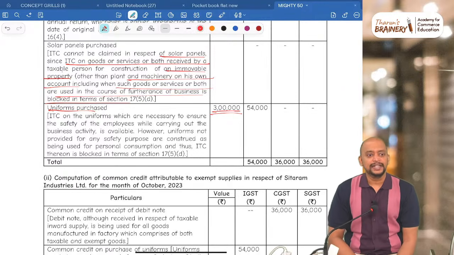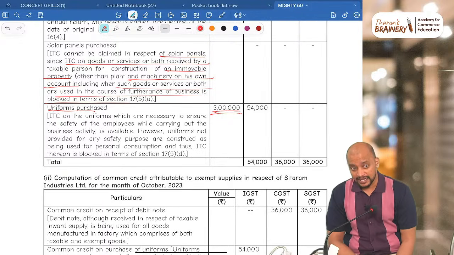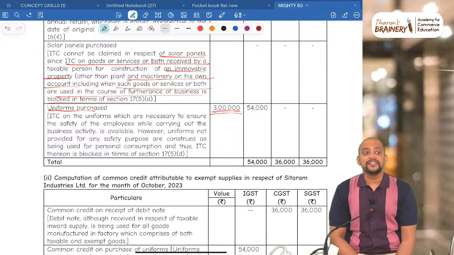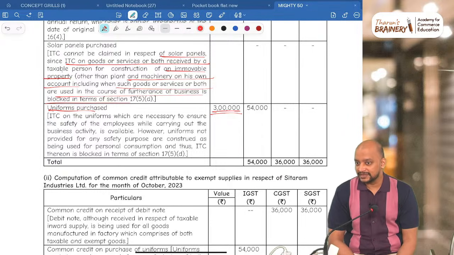What they do is give t-shirts to the employees and the employees will be wearing them. And if they mandate that you have to wear it every Saturday, then it will come under the uniform category.